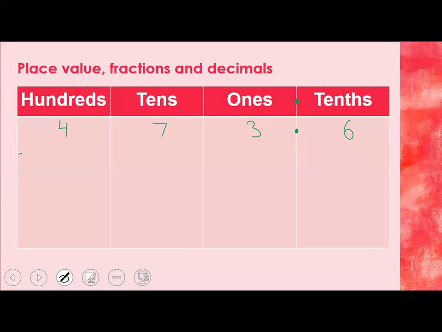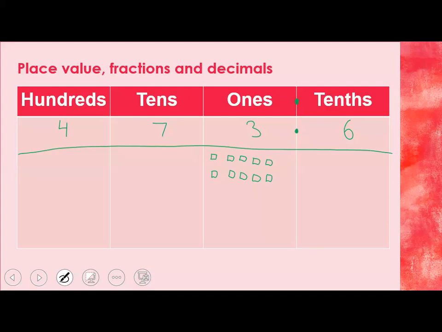Now, we'll draw a line under that. Let's firstly think about ones, okay? So here are my ones. At the moment, I have 3 ones. How many ones can I get in this column at most? Can I, for example, have 4 ones? Yes, I can. I can have 4 in my ones column. I can have 5 in my ones column. 6, 7, 8, 9. Can I have 10 ones in this column?